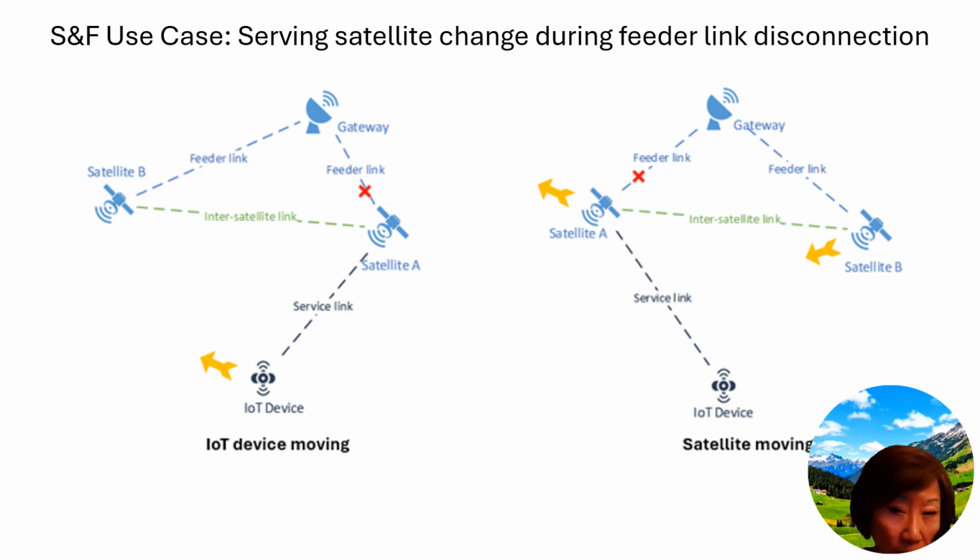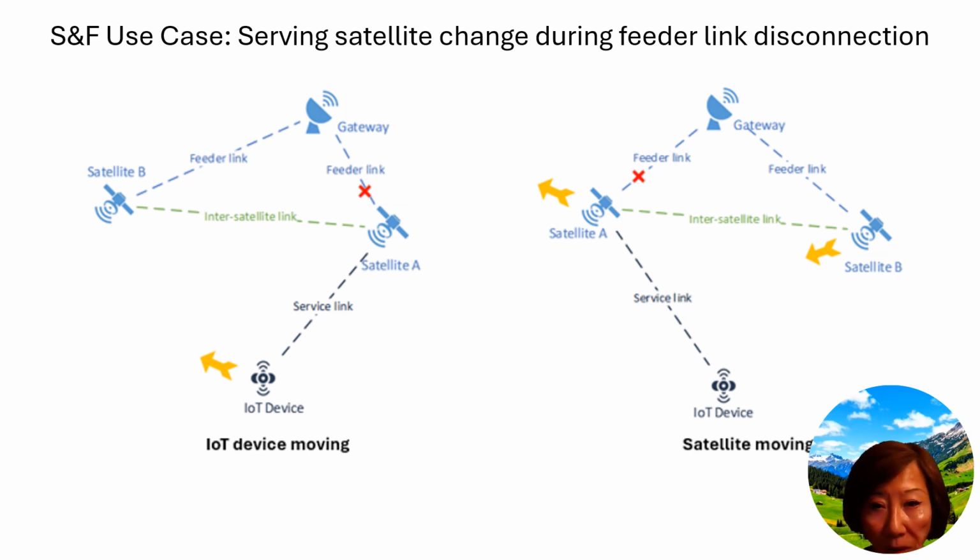As the IoT device moves, it transitions to being served by satellite B, which has an active feeder link to the gateway.